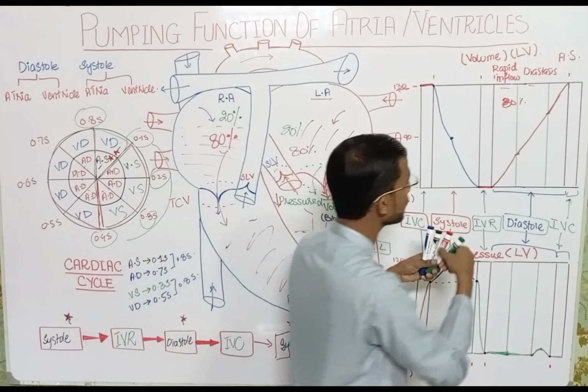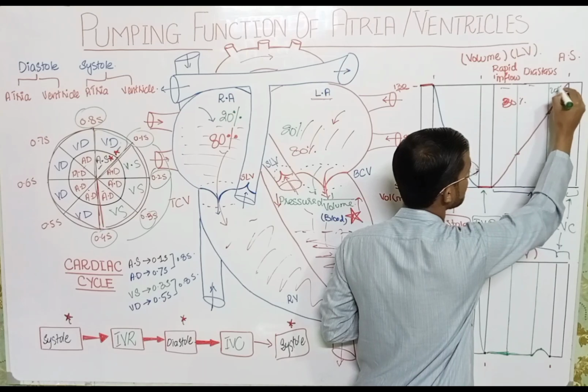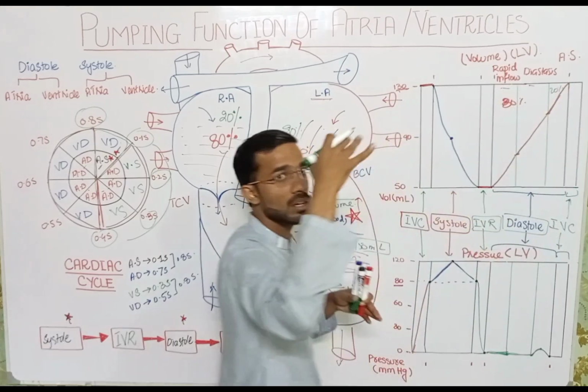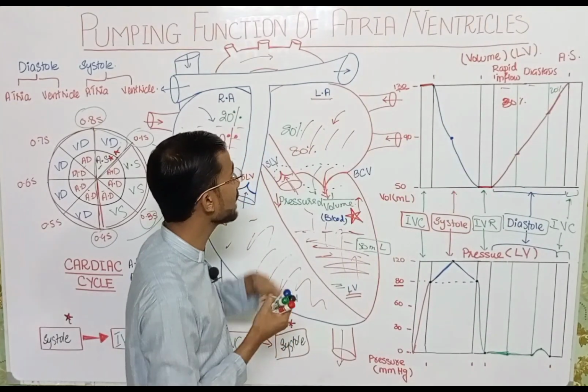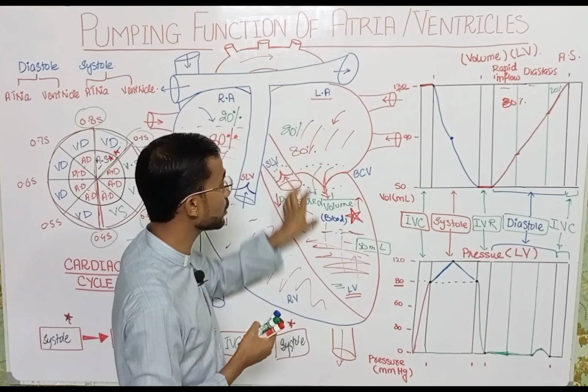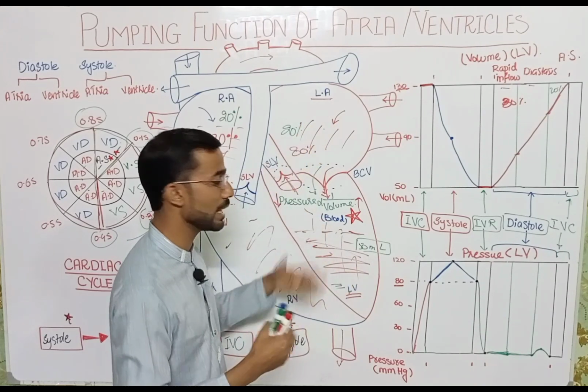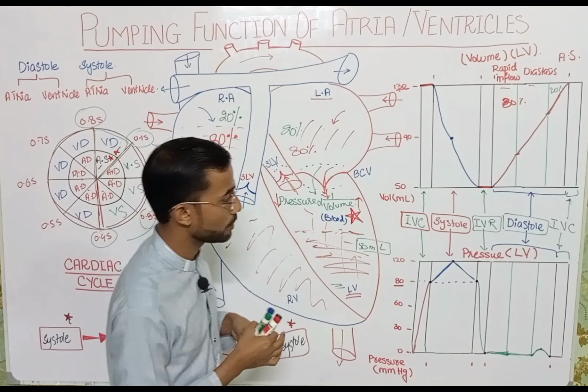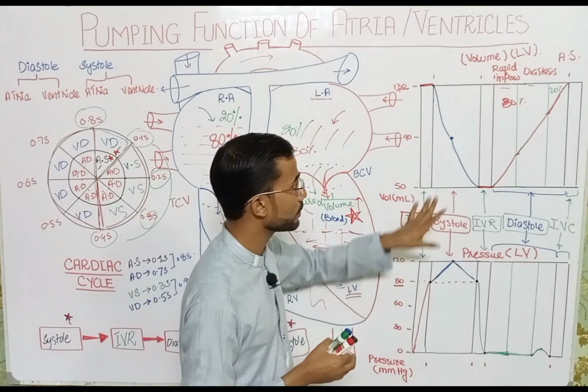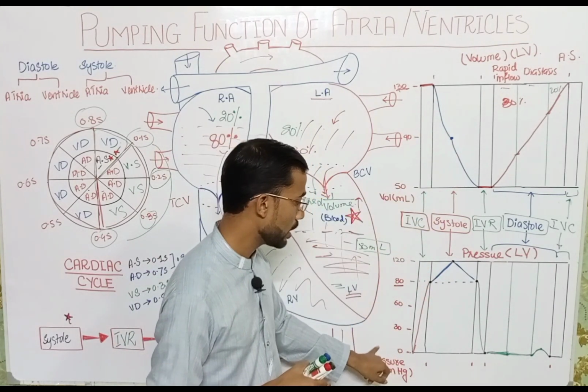So the last is the 20% blood, in atrial systole. When the atria contract, the remaining 20% blood flows here and fills the left ventricle. So this is all about the volume and the pressure changes.